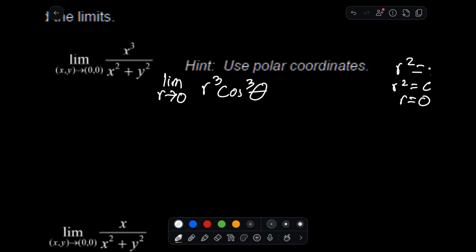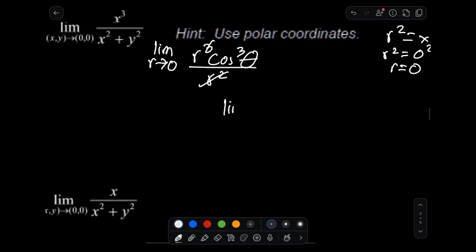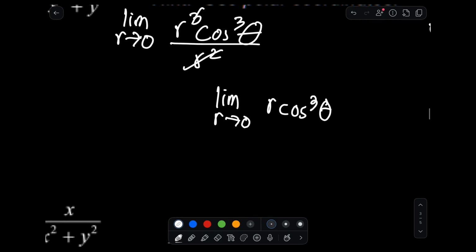And now we're in a single variable instead of multiple variables, right? We have this, and then we have this going away. Then we have the limit as r approaches 0 of r cosine cubed theta. And regardless of what cosine theta is, it's always going to oscillate between -1 and 1.